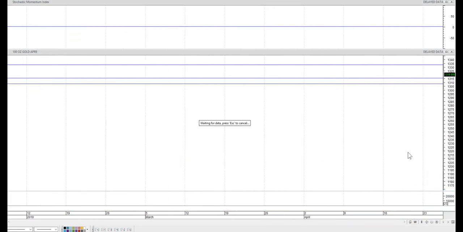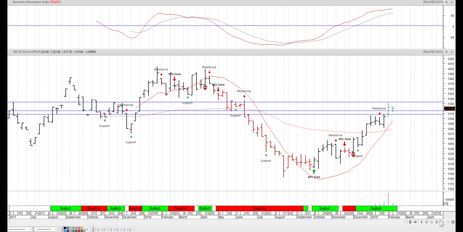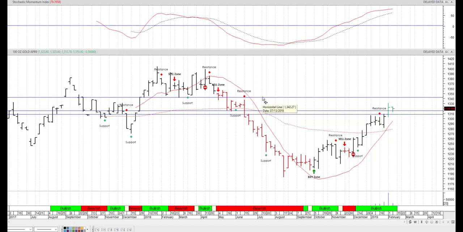Here's how it looks on the weekly. Very bullish. You can see the resistance zones between 1334 and really old support is, shucks, all the way at 42 or something like that. Yes, 42. So right now we're in this pocket, and we could sit in this pocket for quite some time.